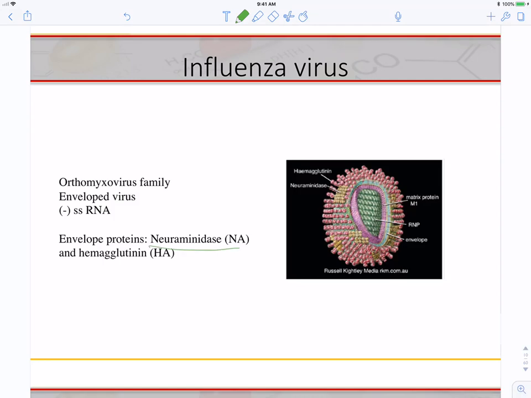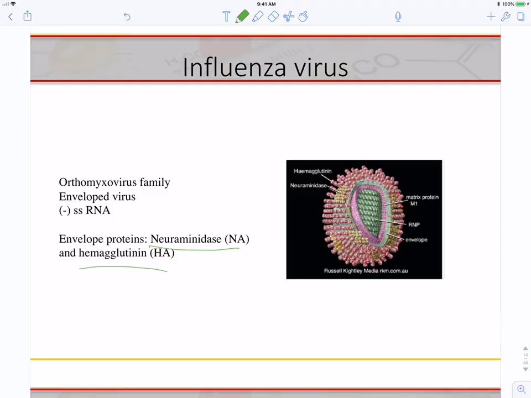One is neuraminidase, which is an enzyme which cleaves sialic acid ends in glycoproteins and glycolipids found on the surface of epithelial cells, and so basically facilitates the permeation of the virus through the mucus secreted by epithelial cells in the upper respiratory tract.